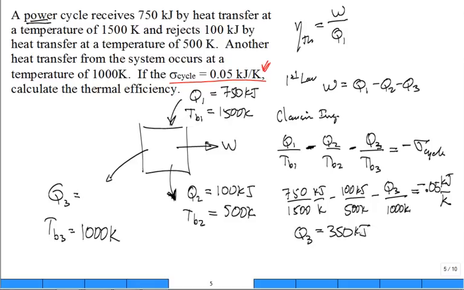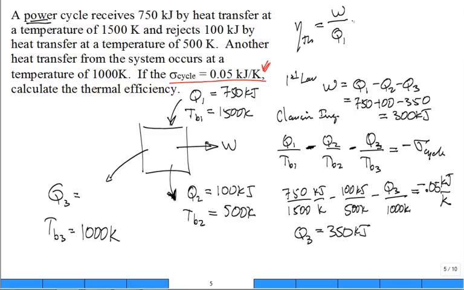Now you can come up here and you have the work is going to be 750 in minus 100 out minus 350 out. So the work is going to be 300 kilojoules out.